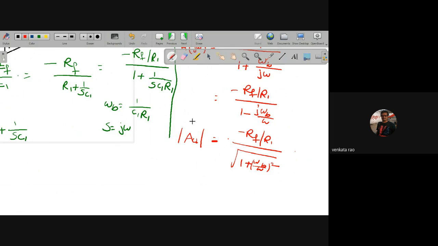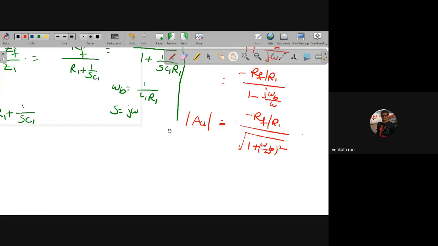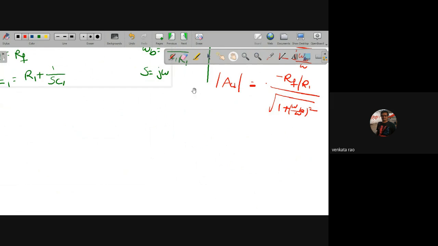Okay. Now I'm going to plot this. This is the magnitude we are taking, that's why there is no negative here. It became positive. Now, at omega equal to 0, omega equal to omega B, and omega equal to infinity.